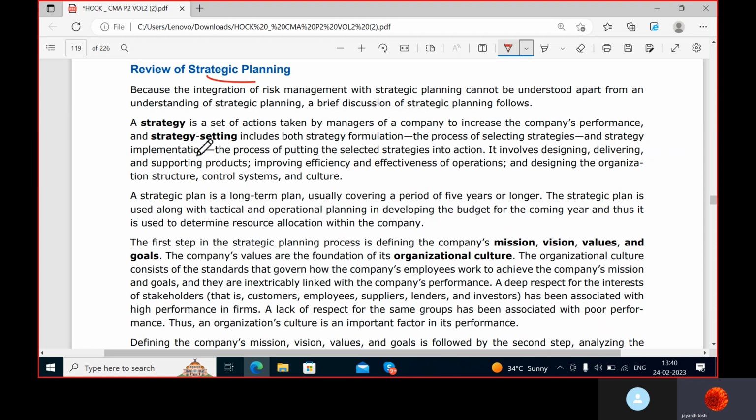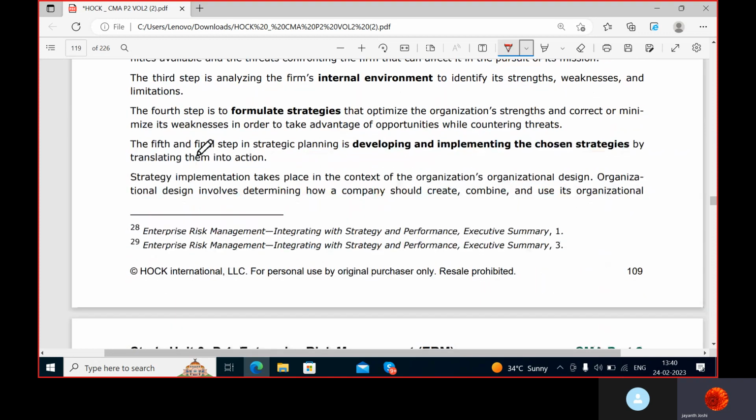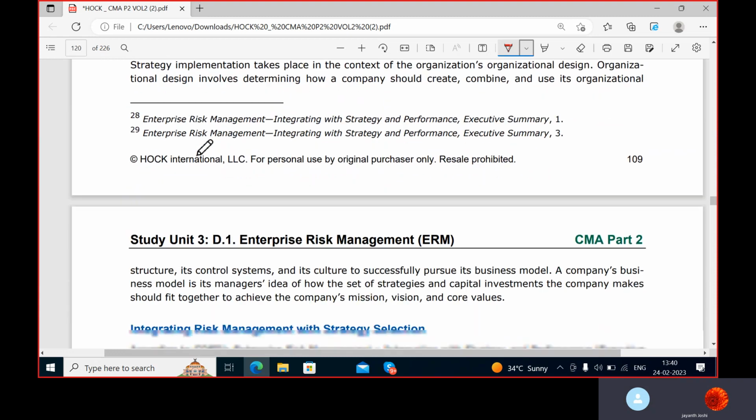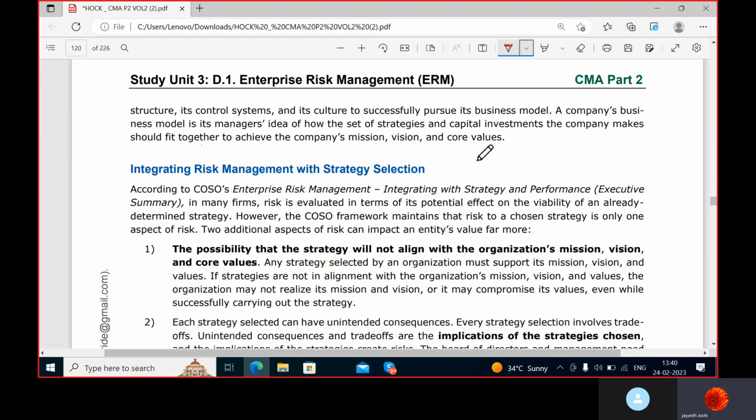You have implemented it, now the review has to happen, whether the strategies or plans you have made to achieve the organization goals are working out for you, or you want some alternatives. That entire thing will be explained here.